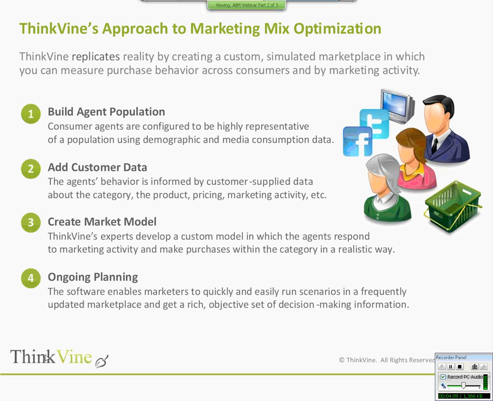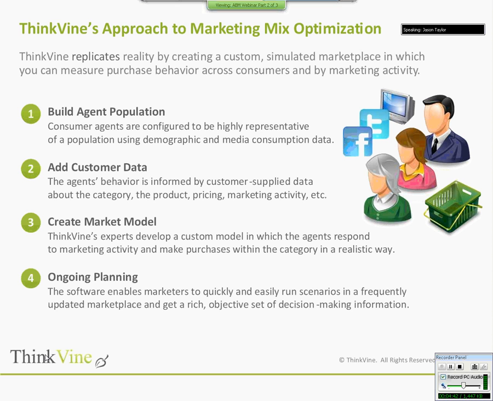We generally then get data from the customer to help with the category-specific parts of the model. From the customer, we'll get things like the sales data and any trade promotion data. So if they do a lot of in-store promotion, like price reductions or displays, we'll get that data. We also like to know any category behavior, so we'll often get panel facts or a segmentation study they might have done.